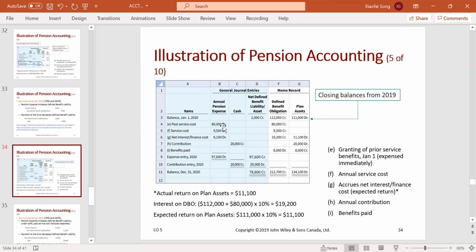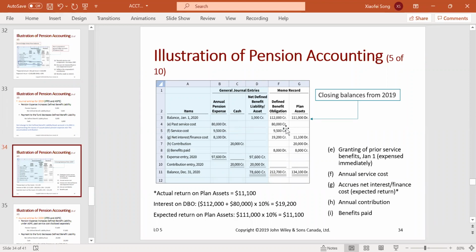So with debit, these are not real journal entries. I want to keep saying that, but thinking of them as journal entries would help you fill in this worksheet, right? Because in a way it has a similar impact. So we increase pension expense, and the increase in expense is a debit.